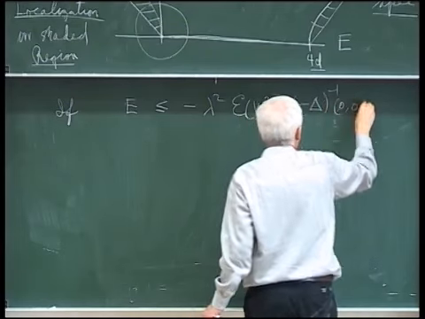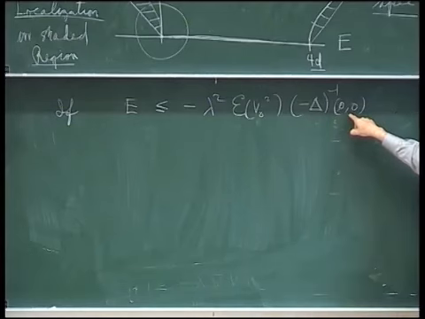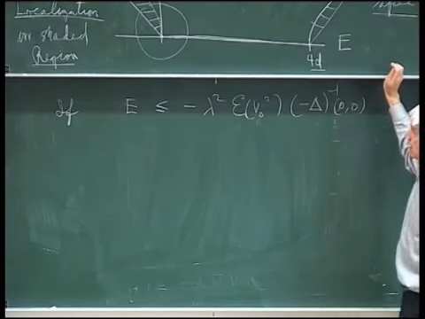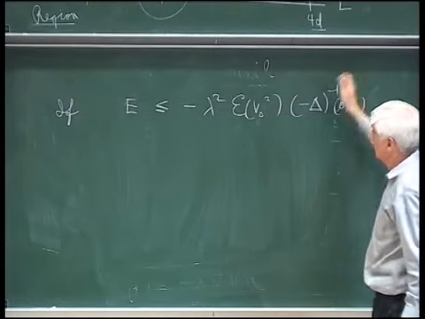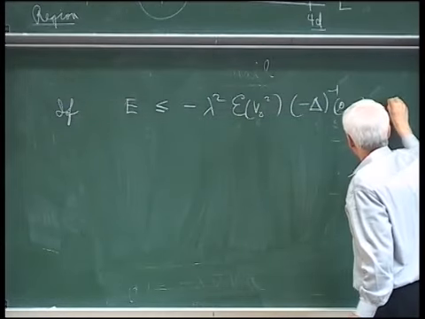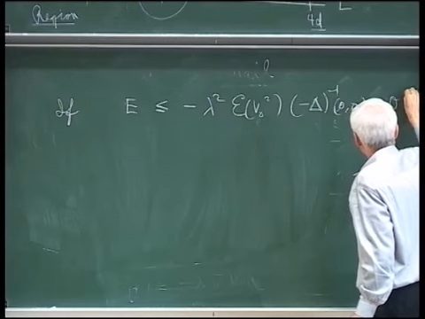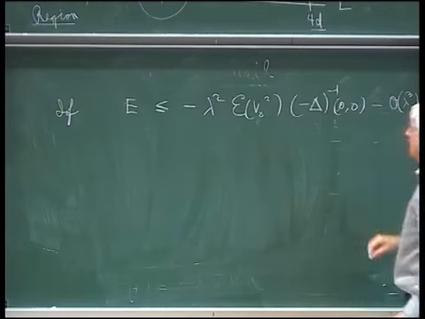I can do this, and remember, I can take the mass to 0 in 3 dimensions. That's the fact that random walk is transient. And then I maybe need to subtract something O of lambda cubed, something of this kind.